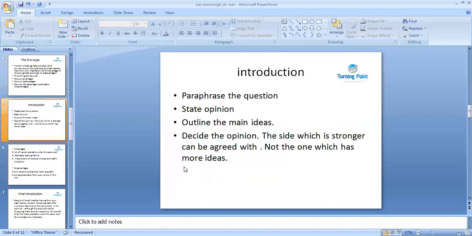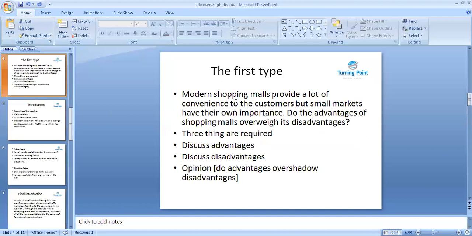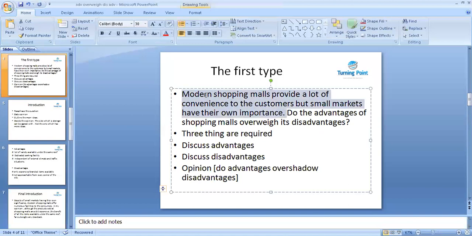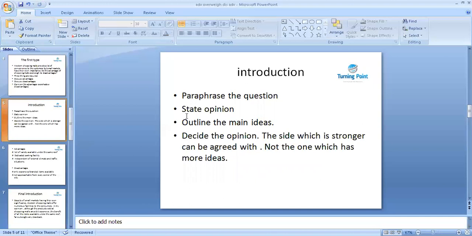While writing the introduction, first of all, we will paraphrase the question. So let us see what the question is. Modern shopping malls provide a lot of convenience to the customers, but small markets have their own importance. So we will paraphrase this part of the question, and then we need to state the opinion, and we need to outline the main ideas.